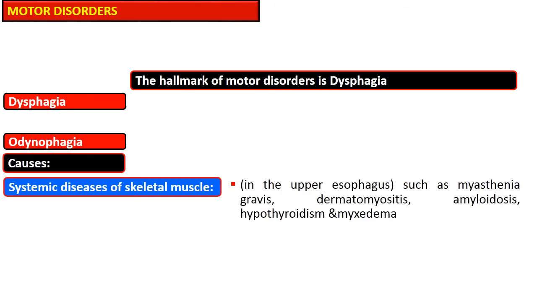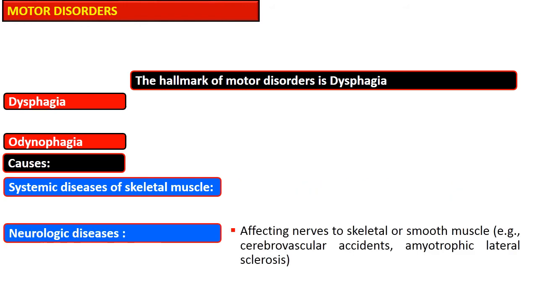The causes of these motor disorders can be divided into three categories. The systemic diseases of the skeletal muscle: as we know, skeletal muscles are included in the anatomy of the upper esophagus, so pathologies such as myasthenia gravis, dermatomyositis, amyloidosis, hypothyroidism, and myxedema are associated with the motor disorders of the esophagus.